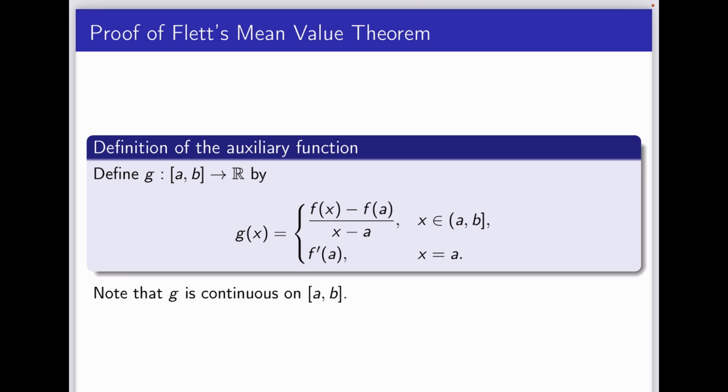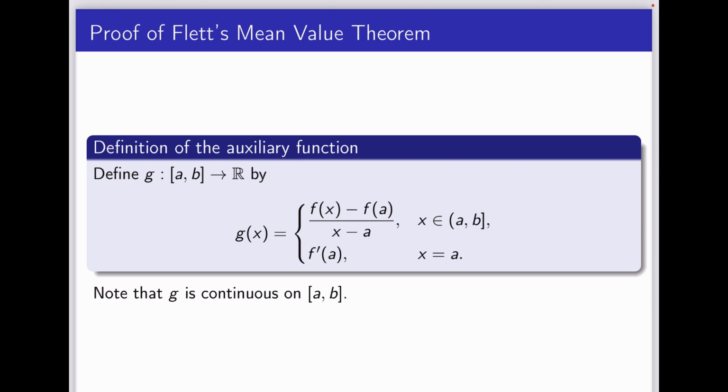Now, to prove this beautiful result, we have to go through steps. The first step is to define this auxiliary function g on the closed interval [a, b] to R, given by f(x) minus f(a) divided by x minus a, if x belongs to the half open interval, open at a and closed at b, and is equal to f prime a at the point x equal to a.